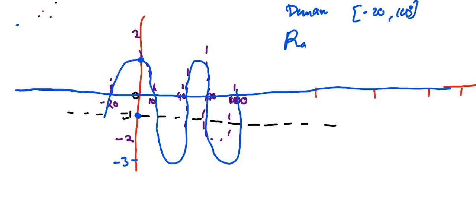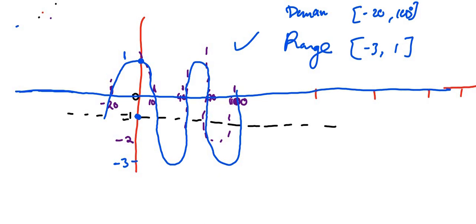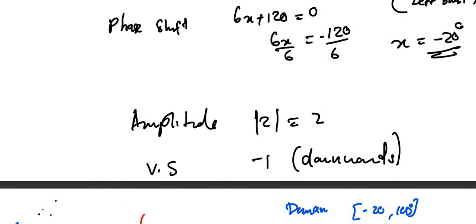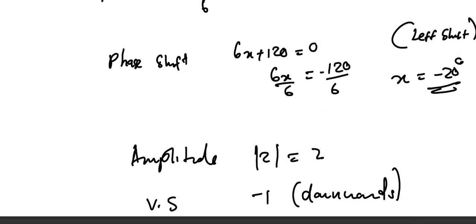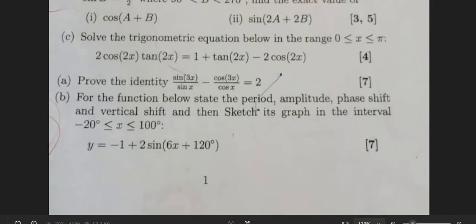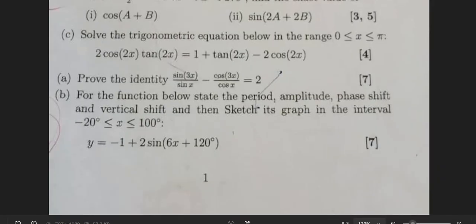The range, on the other hand, is just from what? This is now a 1. The range is now between -3 to 1, because the smallest is -3, the highest is 1. So this is what you have. The rest of the information was given here, vertical shift, everything here. Then you score your full marks. So this is 7 marks in total.